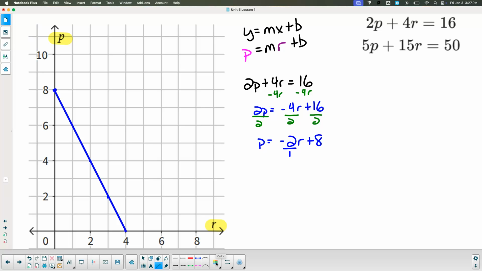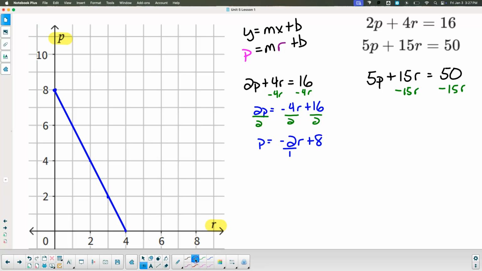Then my second one would be 5P plus 15R equals 50. Again, I want to solve that for P. So now it's going to be subtract 15R.